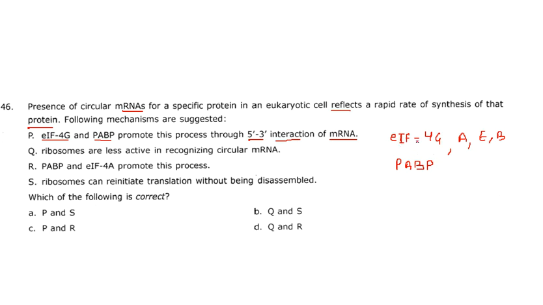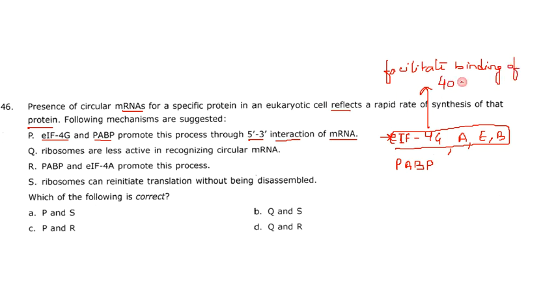Translation initiation in eukaryotes requires the involvement of multiple factors, the eukaryotic initiation factors, and all these factors facilitate the binding of the 40S ribosomal subunit to mRNA, so that they can form 80S.